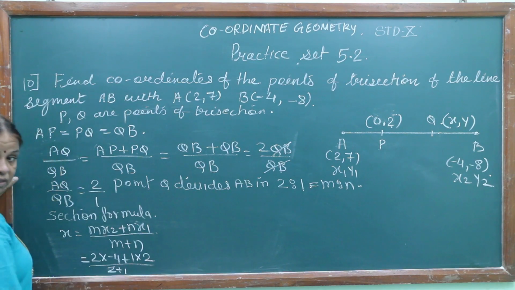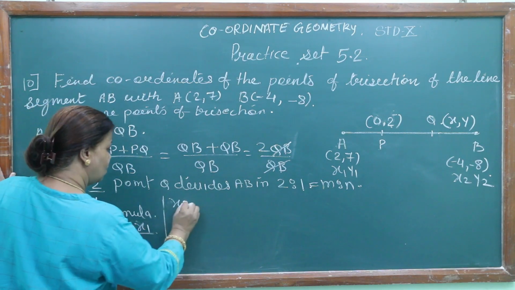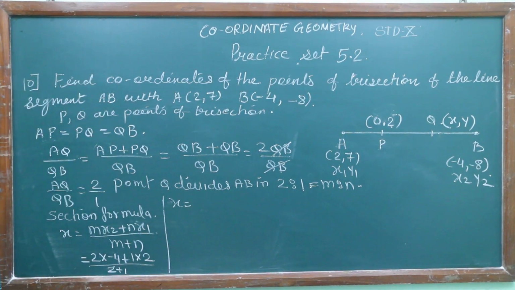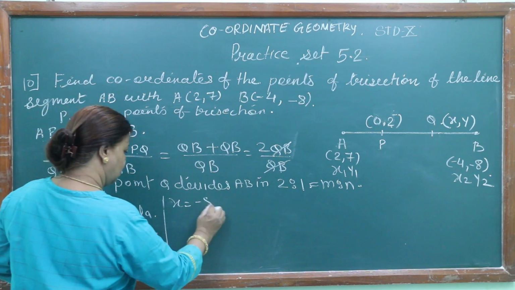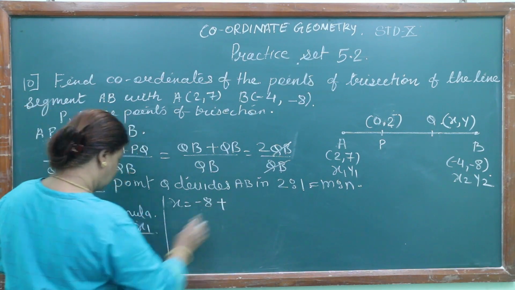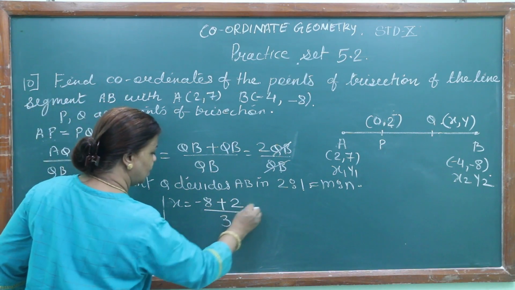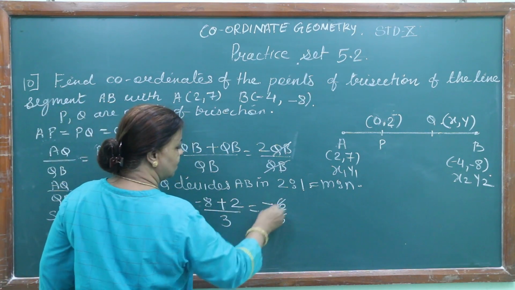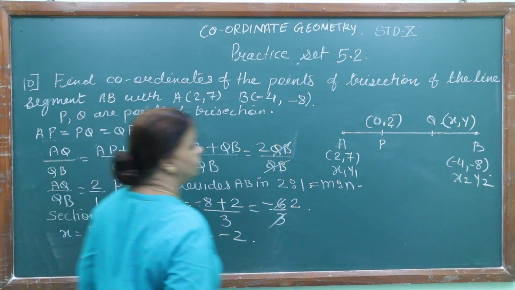So x is equal to 2 into minus 4 is minus 8, plus 1 into 2 is 2, upon 2 plus 1 is 3. So minus 8 plus 2 is minus 6 upon 3, 3 twos are 6. So the x coordinate for Q is minus 2, children.